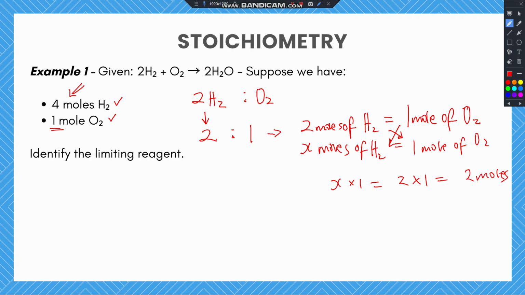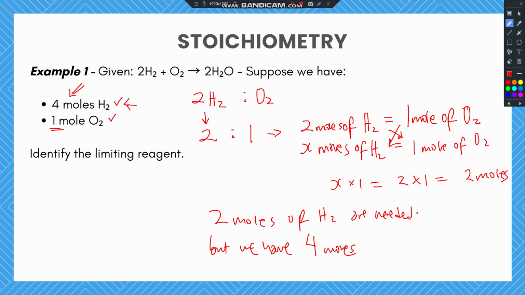So what this simply means is that 2 moles of hydrogen are needed. But what we have on ground, we have how many moles? You can see 4 moles.